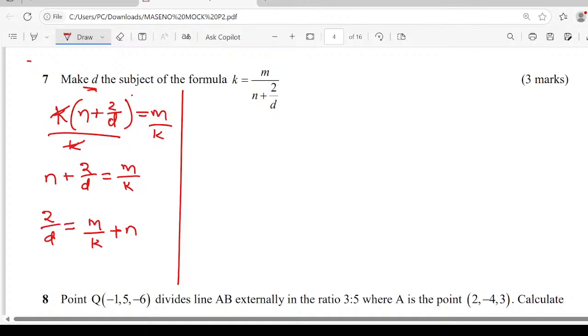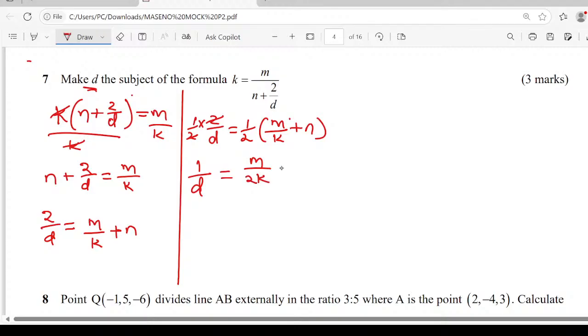So when I take a half times 2 over d, being equivalent to, maybe I can say m over 2k plus, because this is going to multiply everything here, n over 2.